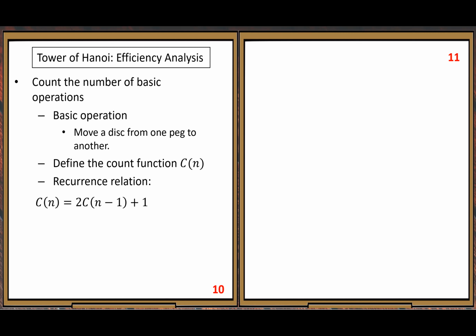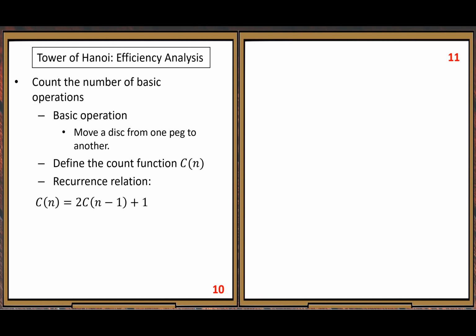And the bottom disk, you move the bottom disk in the middle, so plus 1. So that is our simple recurrence relation. So simple, right? So the next question, how to solve this recurrence relation?